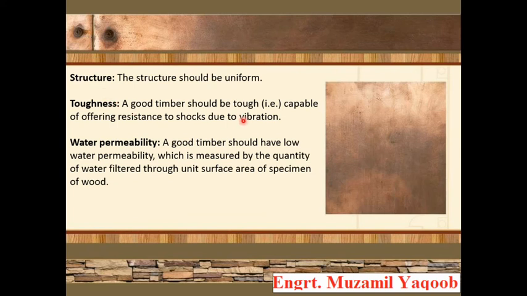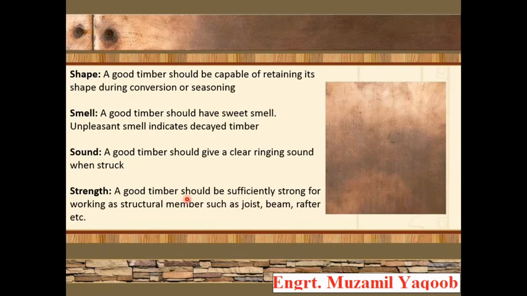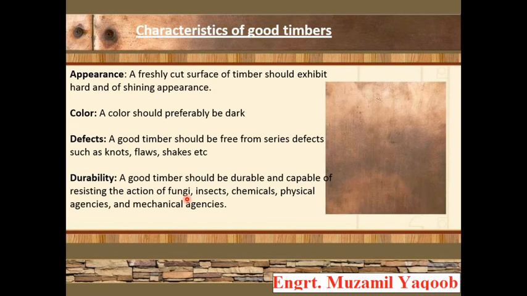A good timber should be tough, capable of offering resistance to shock due to vibration. For example, shock means sudden loads. And the last is very important, water permeability. A good timber should have low water permeability, which measures the quantity of water filtered through a unit surface area of a specimen of wood. So these qualities should be present in good timbers.